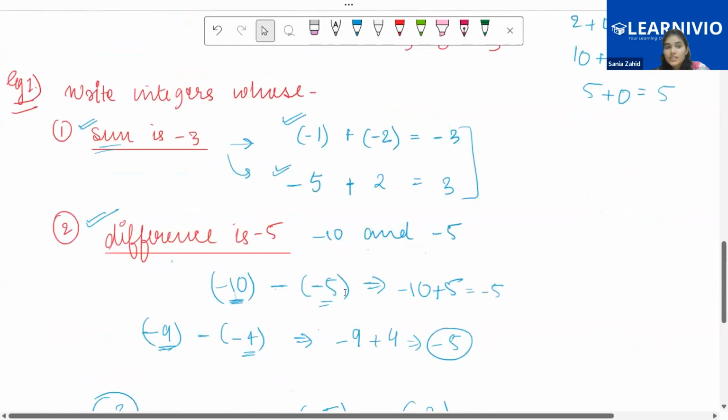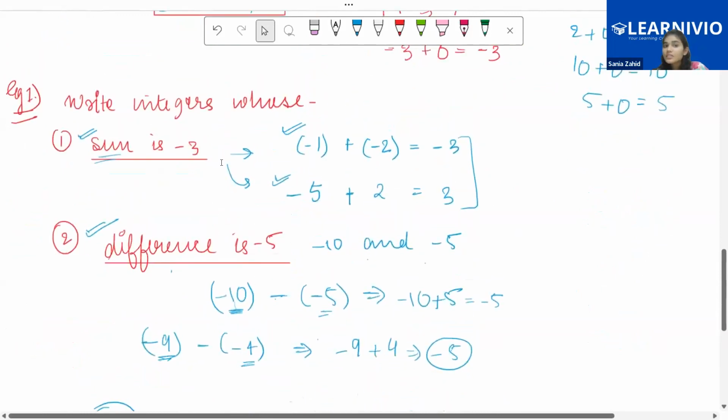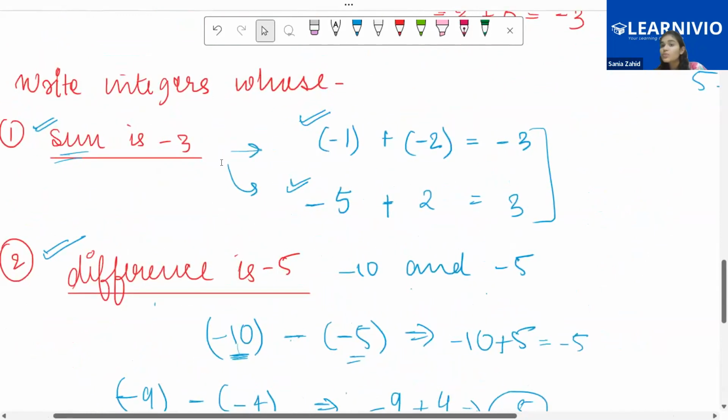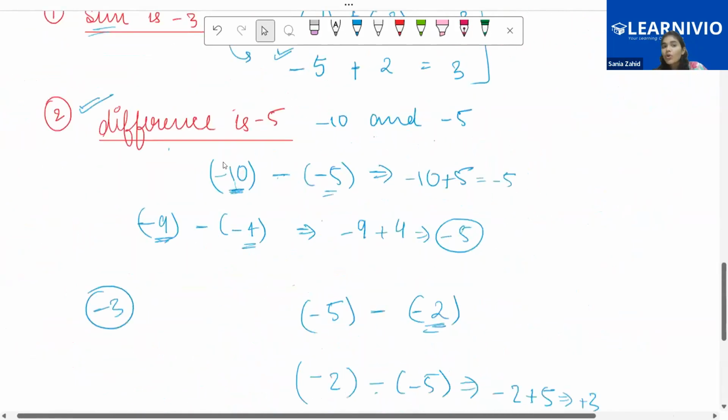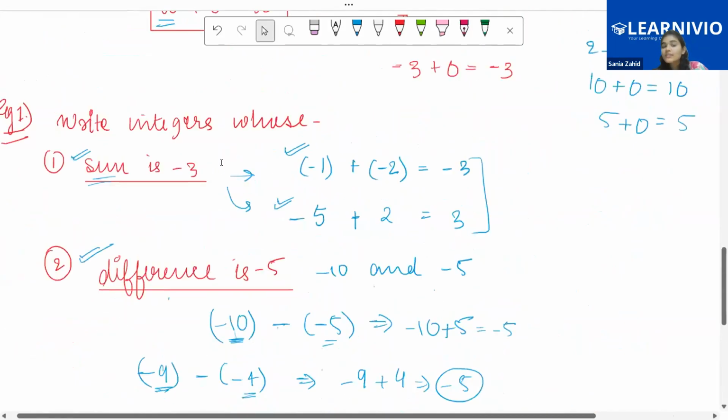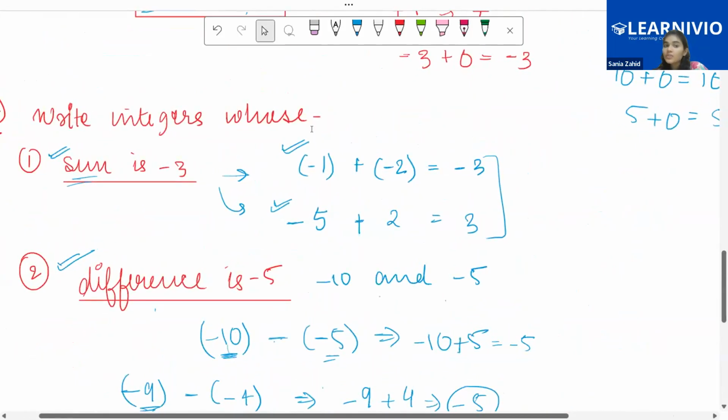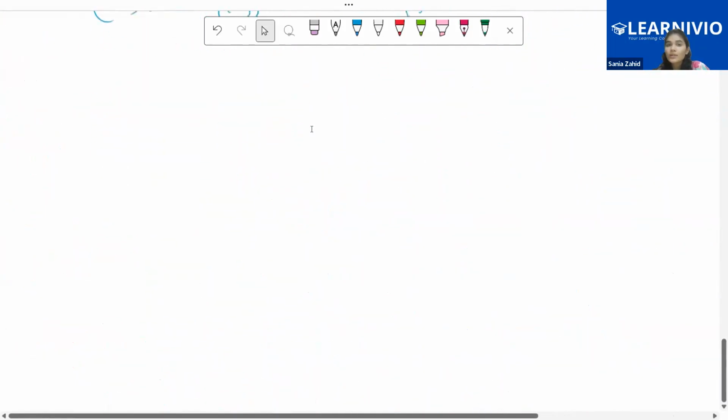So the first question says: write integers whose sum gives you -3, or difference gives you -5, or any set of such questions they can ask you. We'll practice more questions. I'll give you another type of question. Let's suppose: write down a pair of integers whose sum is -7.